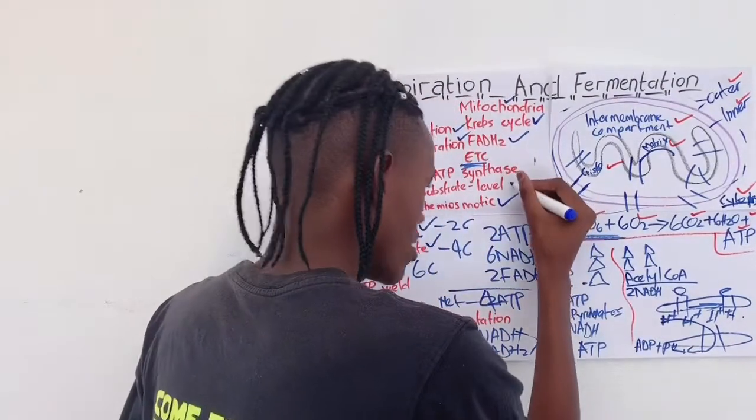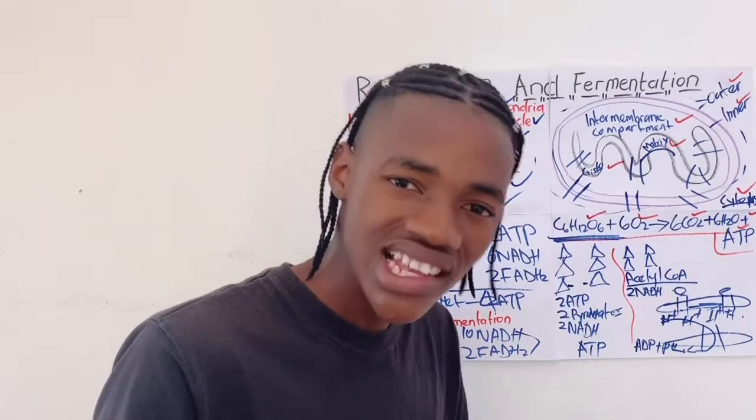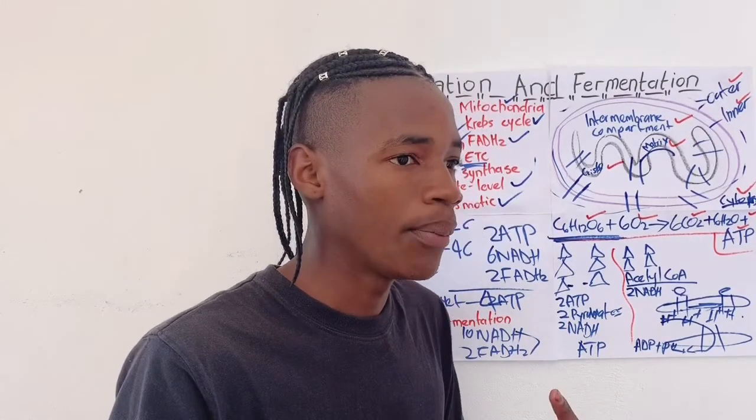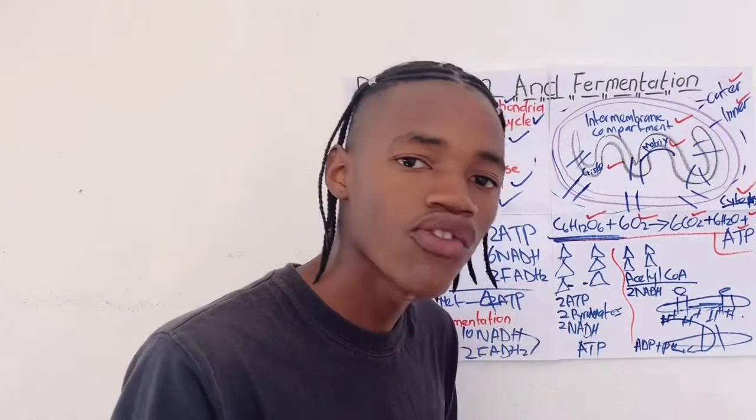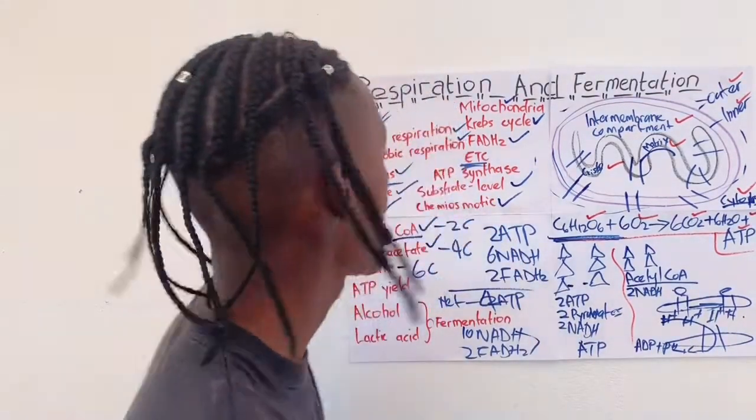And then substrate level phosphorylation is when we are making ATP by transferring phosphate using electrons from a donor molecule. That is how they are different.